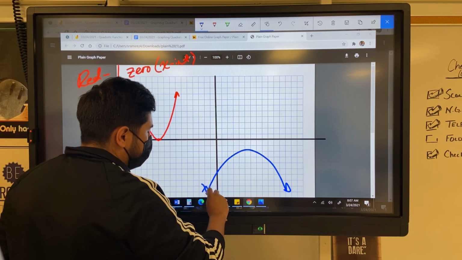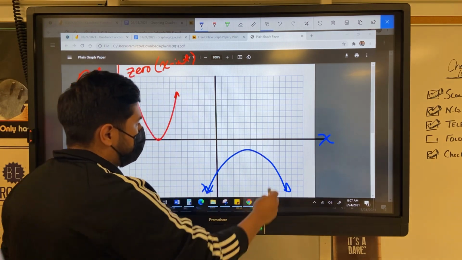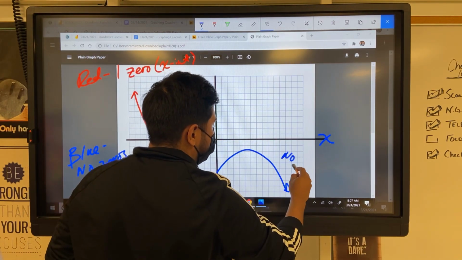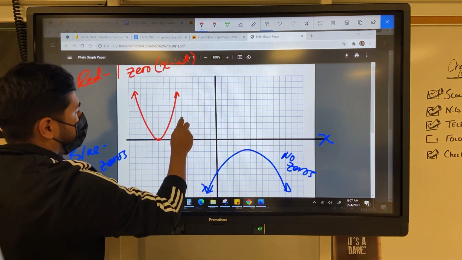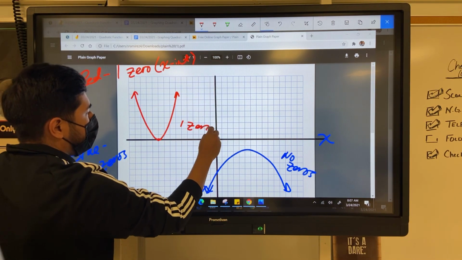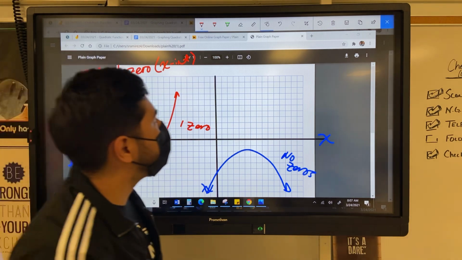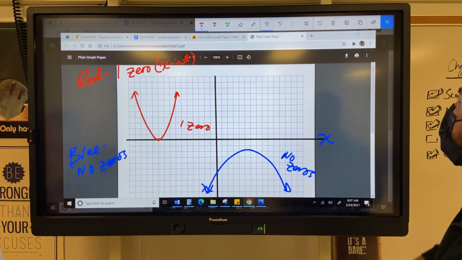Does this touch anything on my x-axis? No, so this is 0, this is no zeros. This one is 1. Just real quick, because I didn't have any examples, let me copy that so I can paste it on the notes. Boom, and we should be good to go.